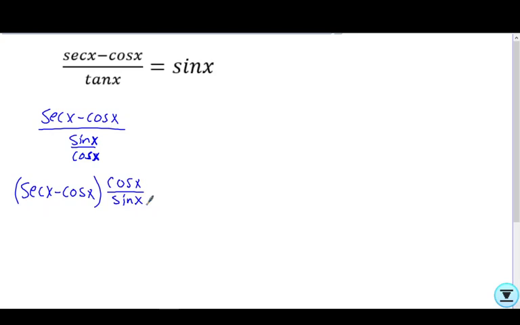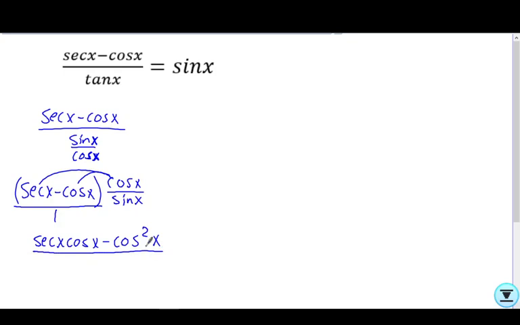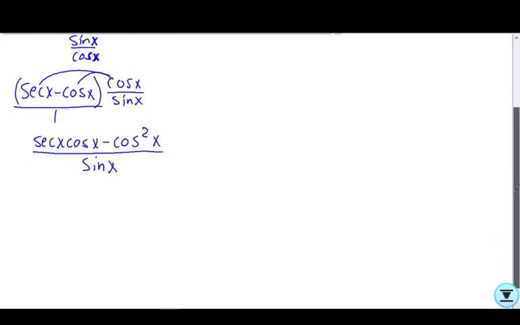Then you multiply and distribute that in, and you get secant x cosine x minus cosine squared x all over sine x, because when you multiply fractions, you multiply numerator times numerator and denominator times denominator. And then secant times cosine, they're reciprocals, so when you multiply reciprocals, you end up with 1.